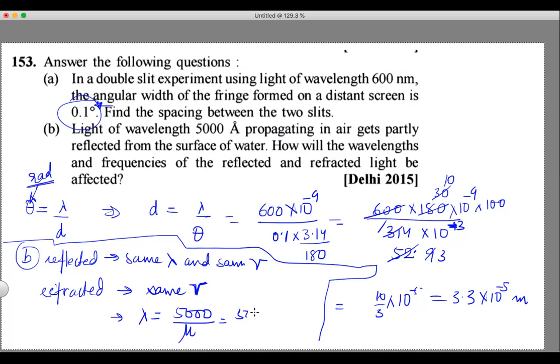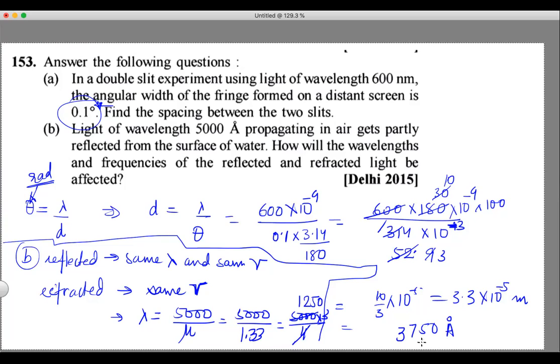So 5000 by 1.33, taking it as 4 by 3 for simplicity, gives 3750.